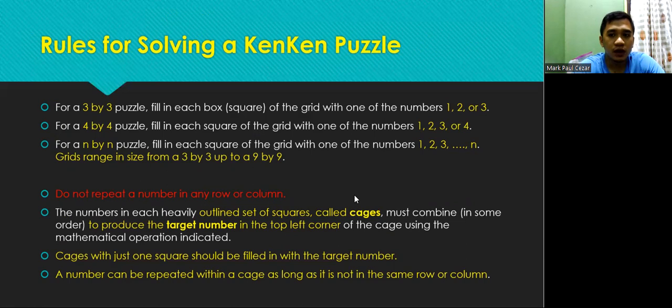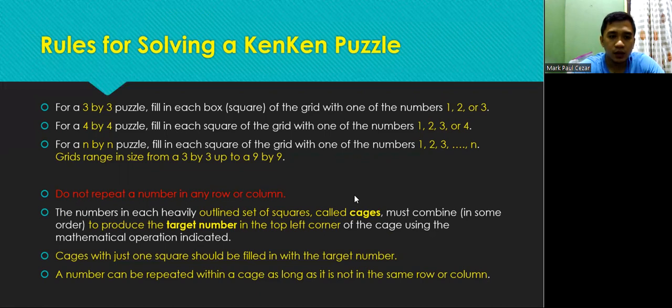So if we see a target number in the top left corner of our cage, we have to use the mathematical operation indicated there. I'm going to show you an example of this puzzle later, and I'm going to remind you of the rule there.